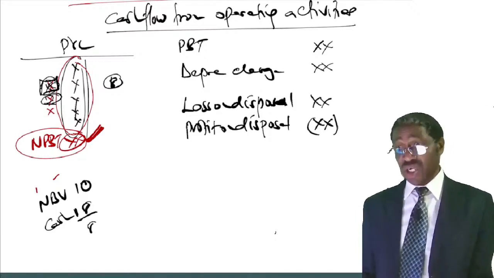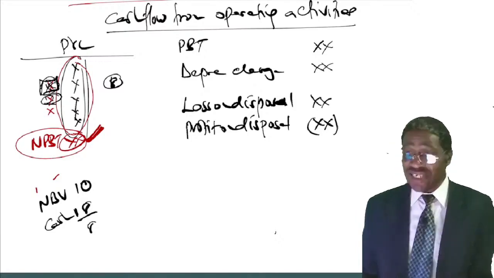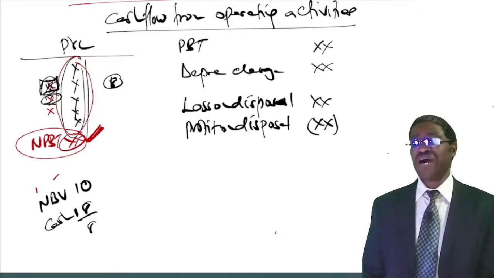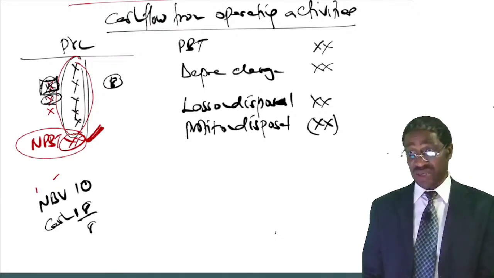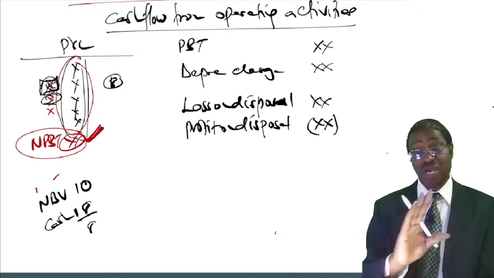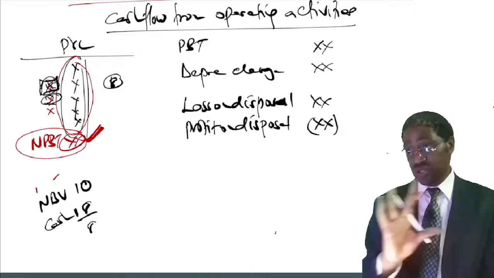Other non-cash items that normally go to the P&L account according to the rules of accounting, yet no cash was involved. But when it comes to cash flows, it's not a cash item.